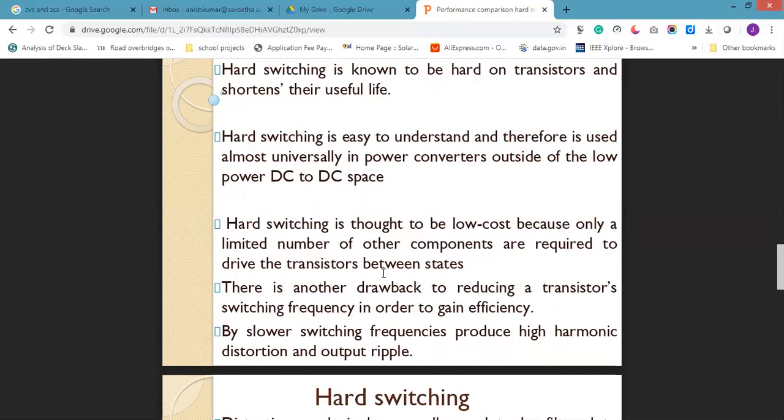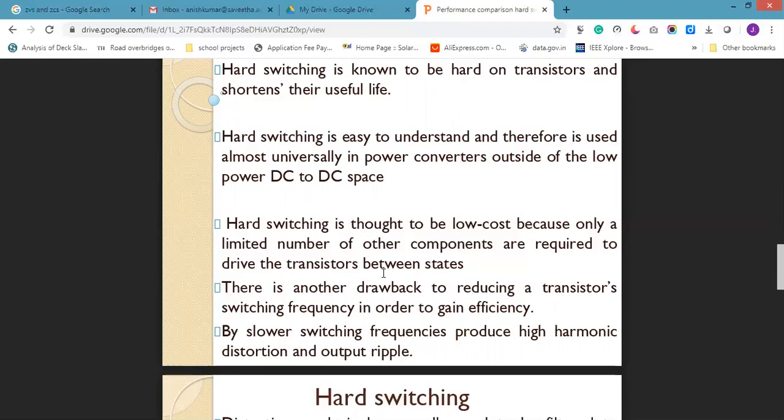If you take the example, frequency is equal to 1 by T. If you reduce the switching frequency, the time will be increased. So the number of times the switch turns on and off is reduced, so automatically the switching loss is less, so efficiency is increased.